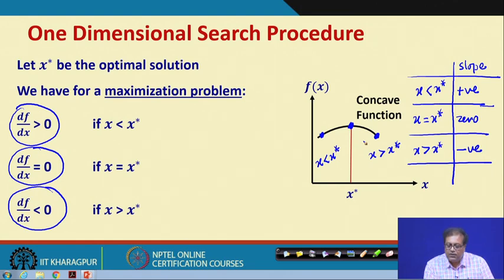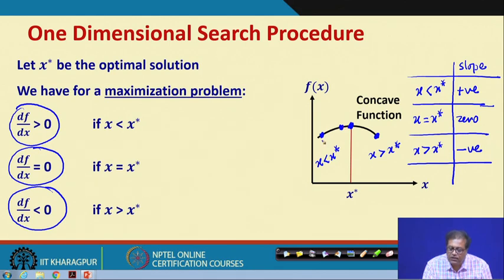If we know that, then we take the average, supposing the average is here. Now, for that average we find the slope or the gradient. Then we simply check whether the slope is negative or positive.